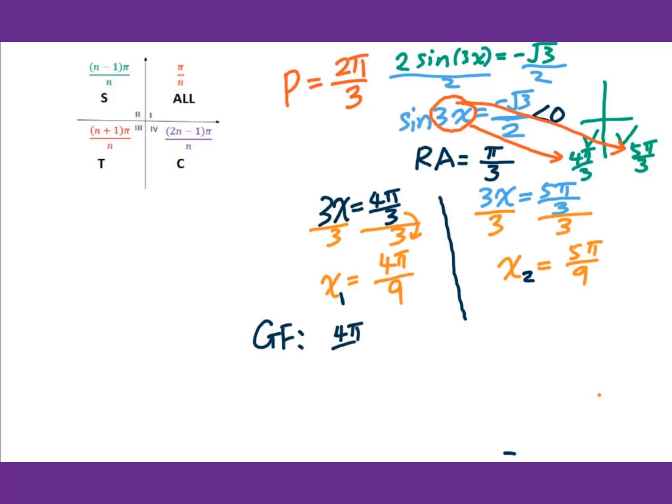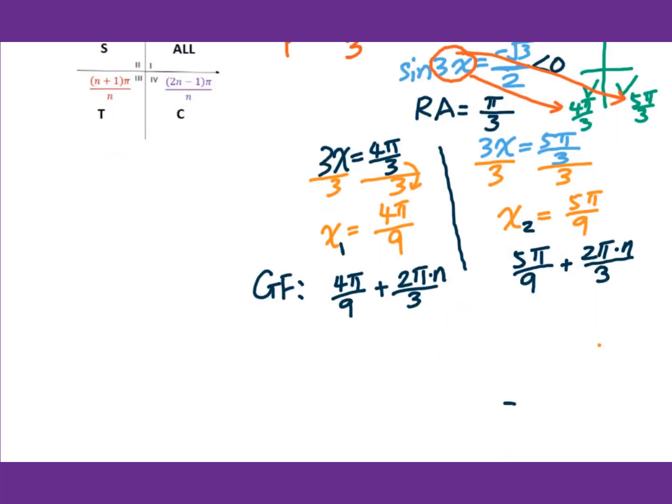4 pi over 9 plus 2 pi over 3 times n. This part we got 5 pi over 9 plus 2 pi times n over 3. We want to put these two together so that we can get a pattern.